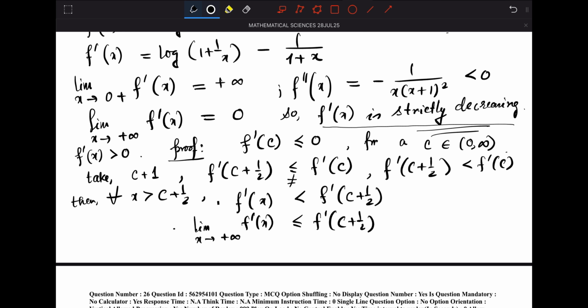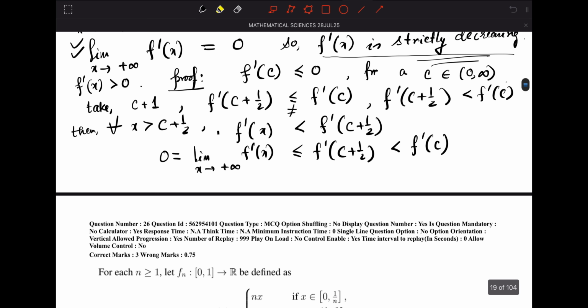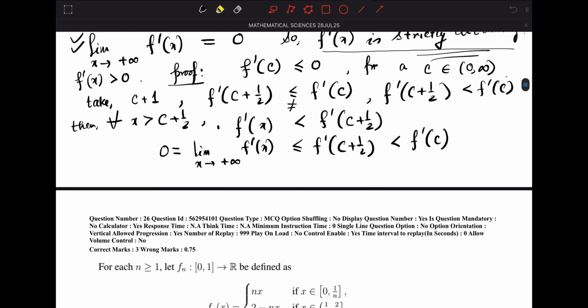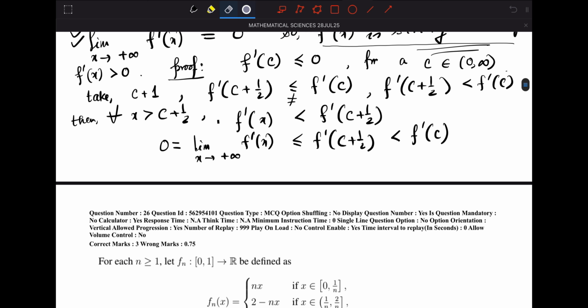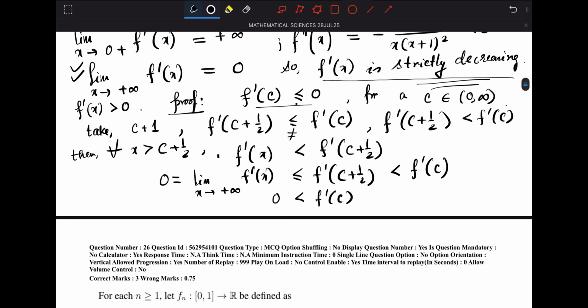We know this limit is 0, and f'(c plus half) is strictly less than f'(c). So 0 is strictly less than f'(c), but we assumed f'(c) is less than or equal to 0.